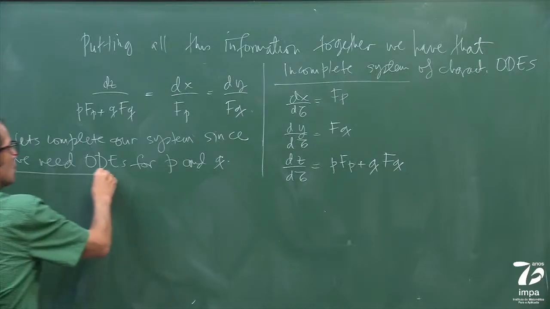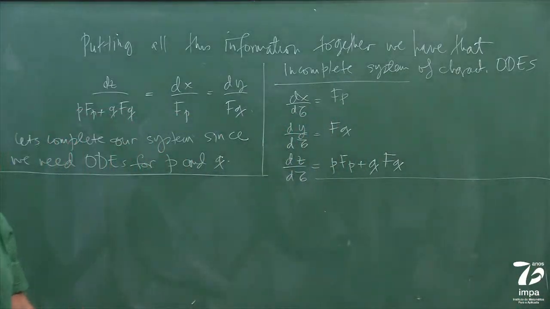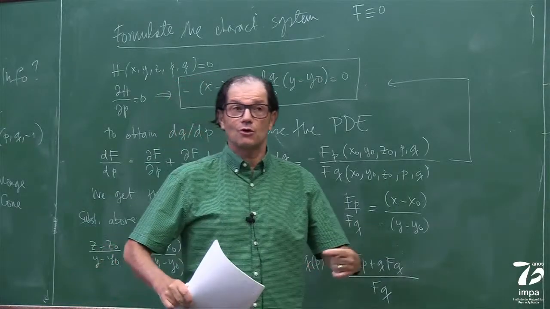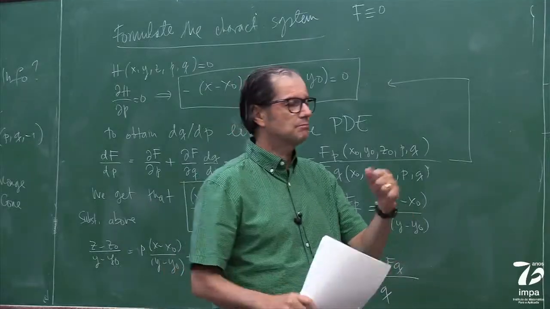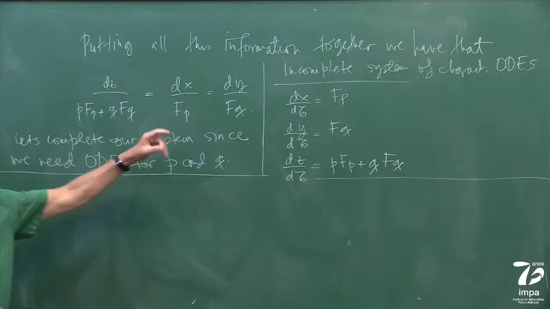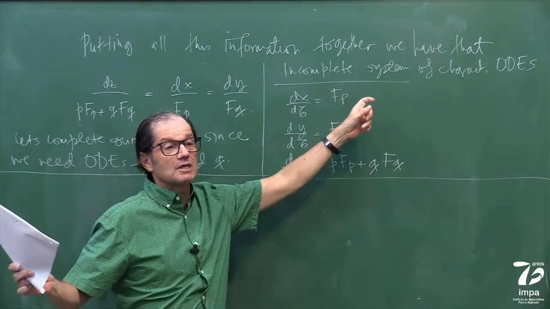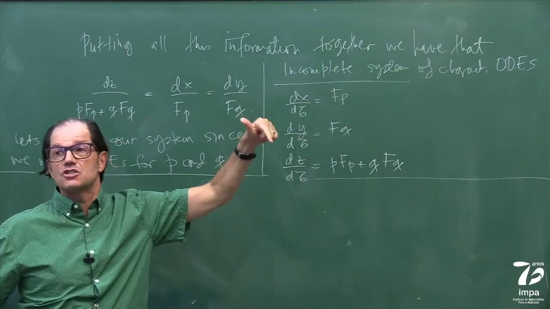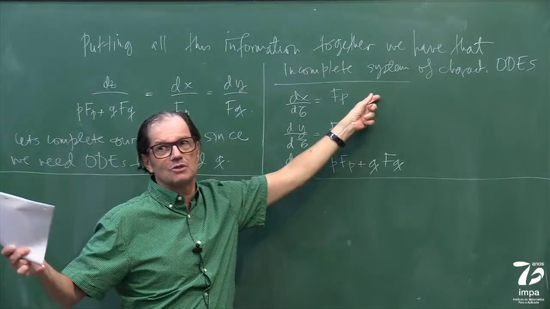That's the stage where we are right now. We need to complete this system with an ODE for P and Q. And then for the Cauchy problem, we're also going to have to do a little monkeying around with things. It's just like playing with things so that we can get the quote-unquote initial condition for the ODEs, because the Cauchy problem gives us f of s, g of s, h of s, which basically gives us initial conditions here, right?